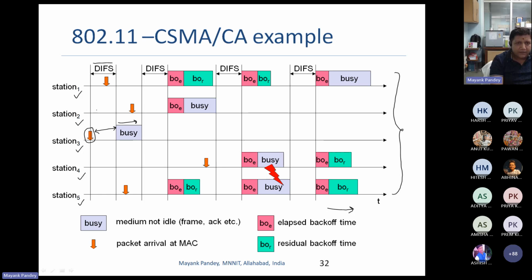Now Station 1 started sensing here, Station 2 started sensing here, and Station 5 started sensing here. Station 1 will sense for DIFS time, and as soon as it reaches here, it will find that the medium is busy. Station 2 finds the medium to be busy. Station 5 also finds the medium to be busy.